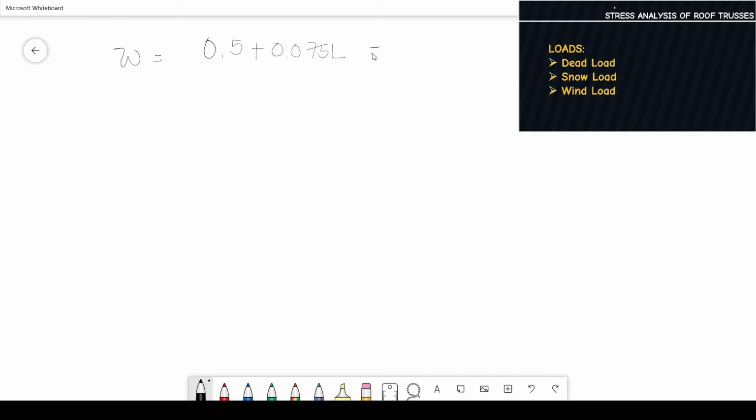So, this is for wooden roof truss. Then, we have 0.4 plus 0.04 L. This is for steel truss.